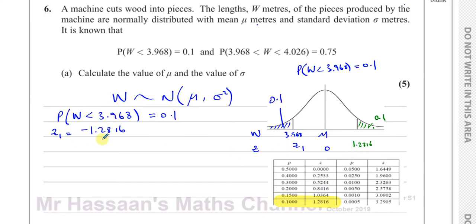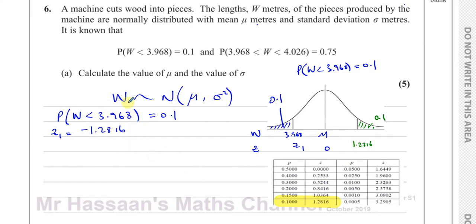When we standardize the scores into Z values, with a mean of 0 and a standard deviation of 1, we can read off the areas correctly from the tables, because those tables are designed for a standard deviation of 1 and a mean of 0. So I hope that's clear why Z1 is negative here instead of positive.